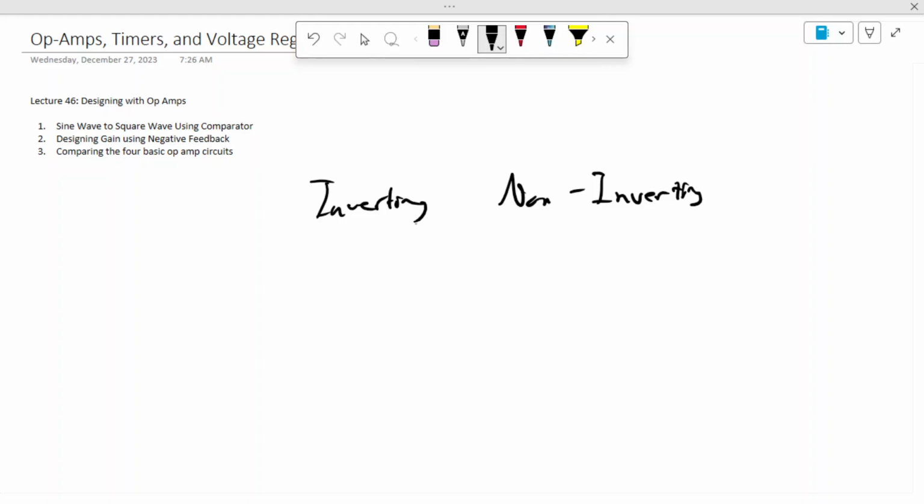Is the ground at the inverting or the non-inverting input? So remember, with an inverting amplifier, the gain is going to be minus R2 over R1. With a non-inverting amplifier, the gain is going to be R2 over R1 plus 1.